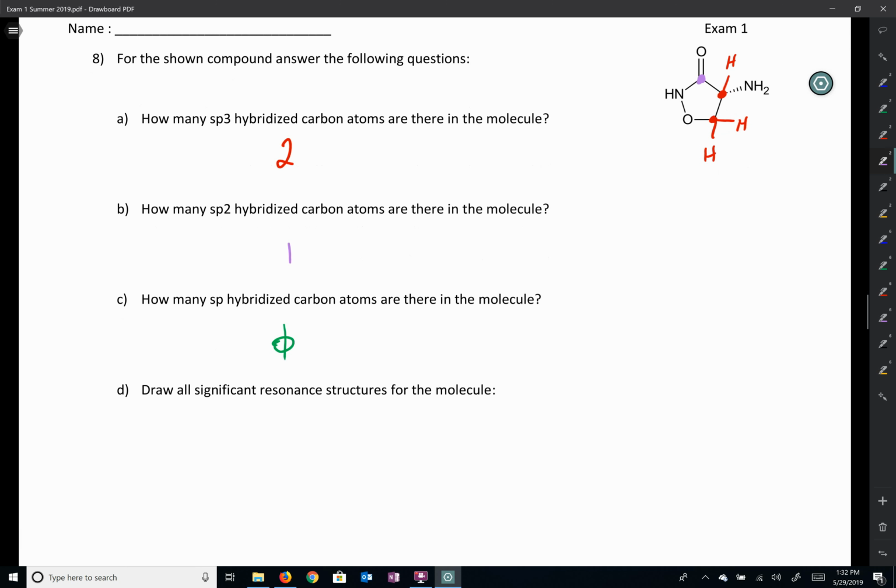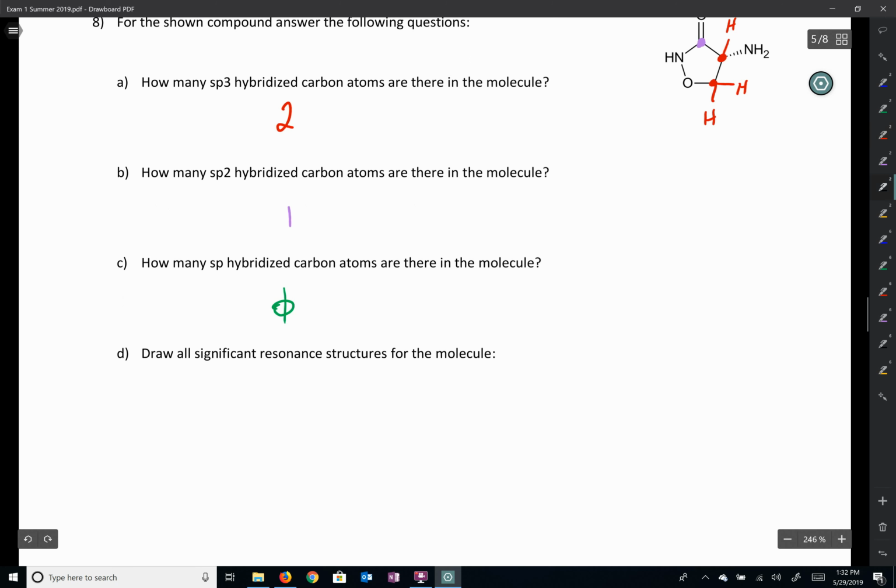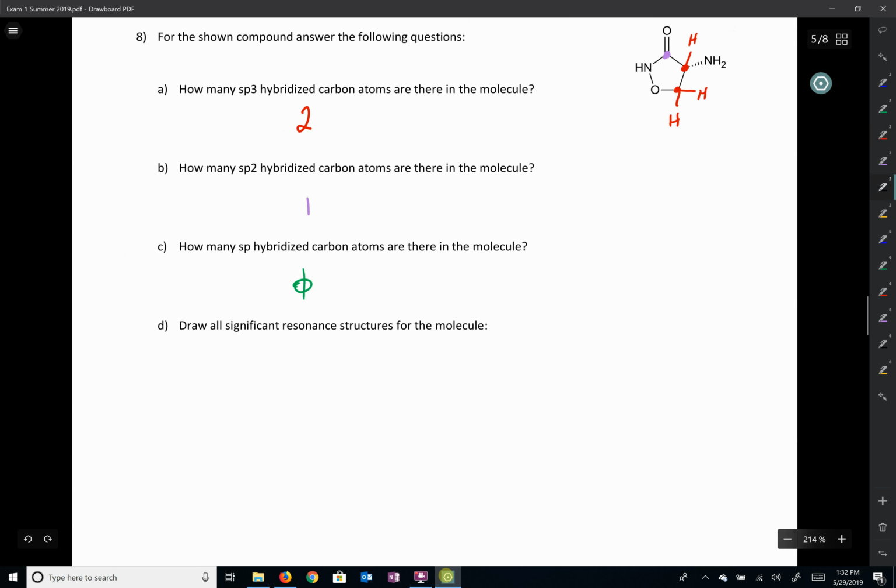The last thing is we need to draw resonance structures, any significant resonance structures, where there just happens to be only one that we have to deal with here. So let me draw this a little bit better. Okay, there's this.